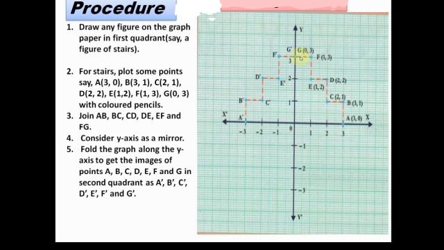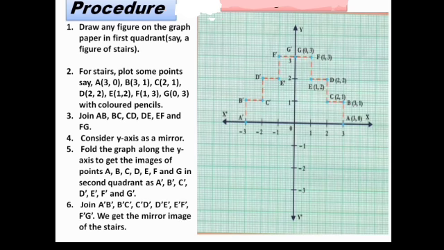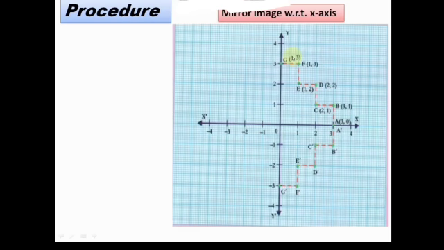The coordinates of G and G dash are the same because point G is lying on the y-axis. Join all these points: A dash to B dash, B dash to C dash, C dash to D dash, D dash to E dash, E dash to F dash and F dash to G dash.